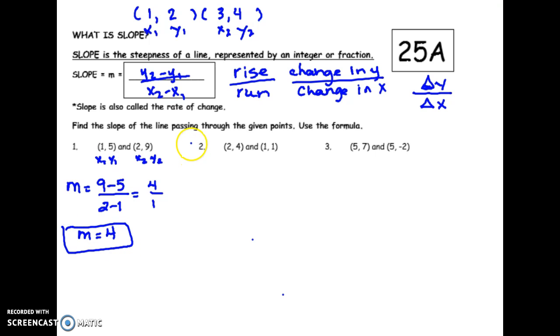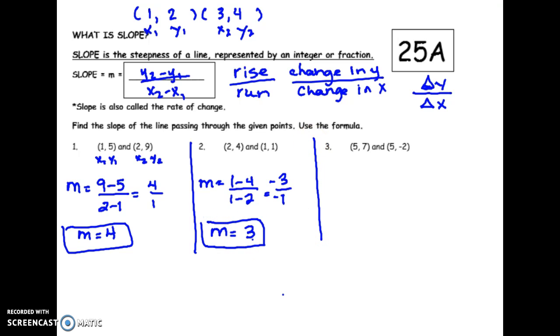For the second one, number 2, my slope is 1 minus 4 divided by 1 minus 2. I get negative 3 divided by negative 1, so when I simplify, my slope is equal to 3.